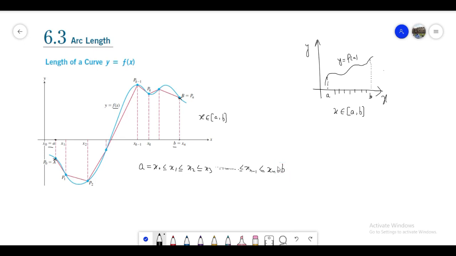All the points x naught, x1, x2, x3, up to x n minus 1 and x n lie within the interval a comma b.